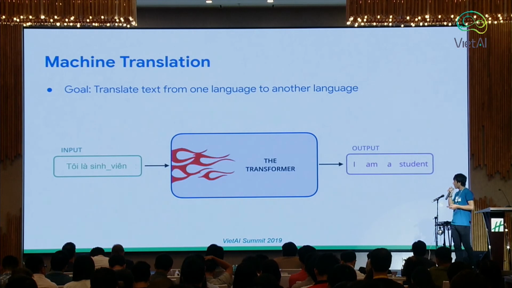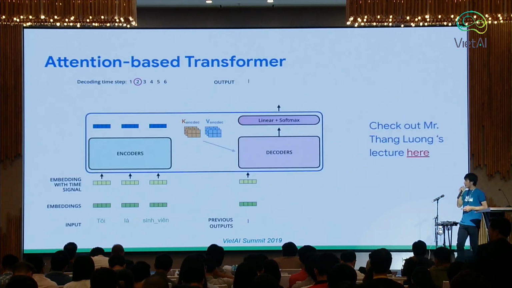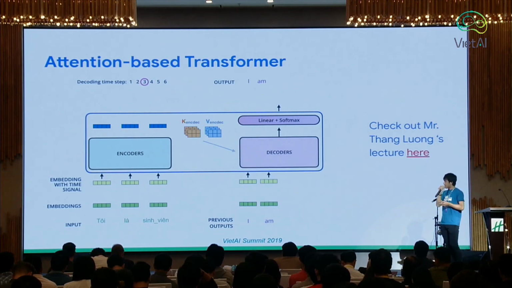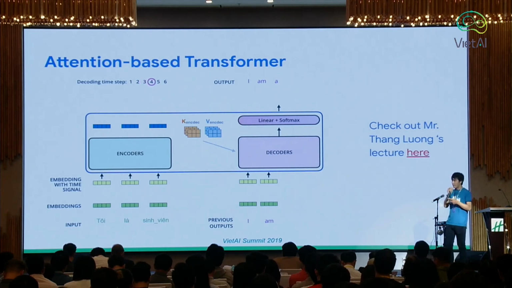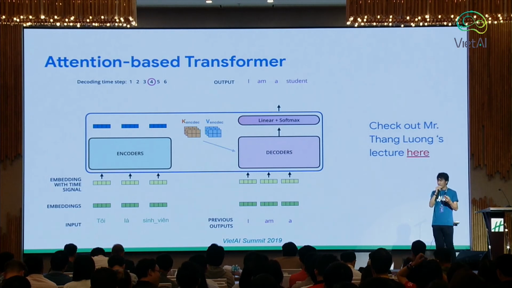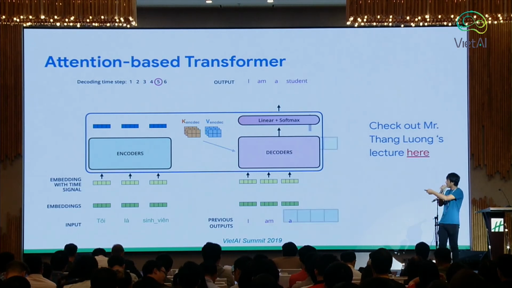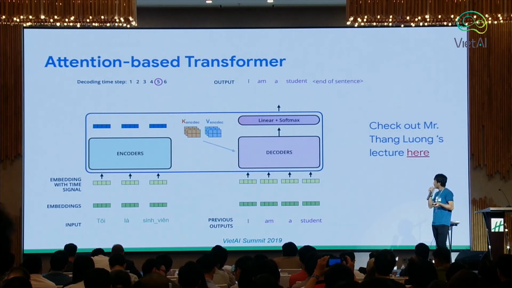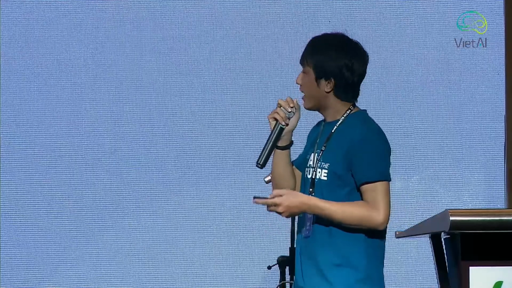And I will not go into the detail about the transformer here, but you could imagine that the transformer consists of two parts, the encoding part and decoding part. The transformer takes the input sentence and encodes it into a sequence of vectors. And then the sequence of vectors is fed into the decoder to generate the output sentence.